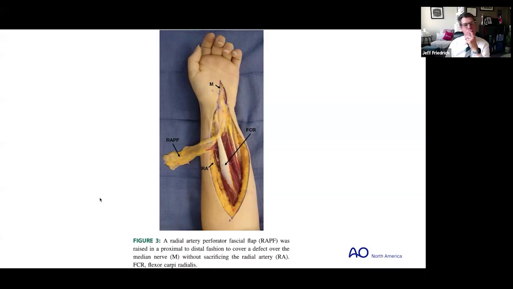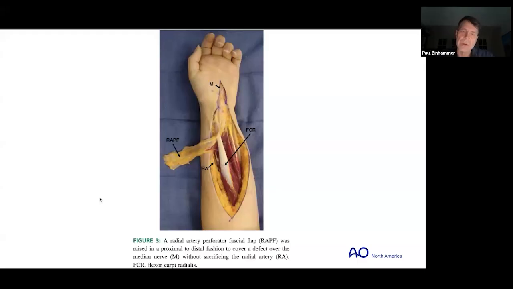But as you move away from that, as in this illustration at the top, that flap's not very big at the distal far end. So I would be hesitant to use a big radial artery perforator flap that is far away.